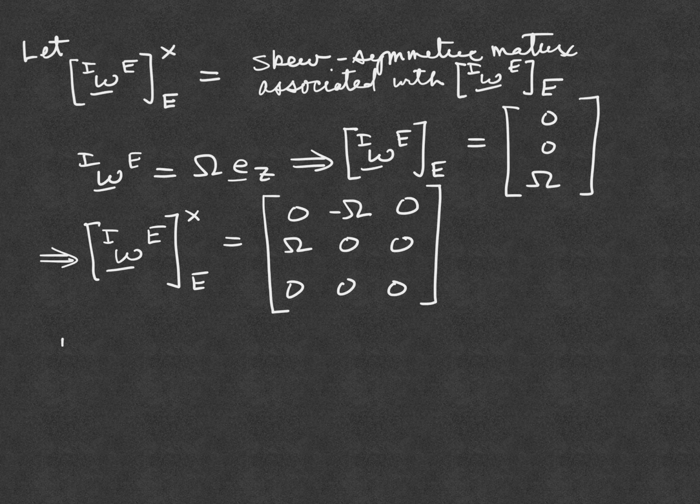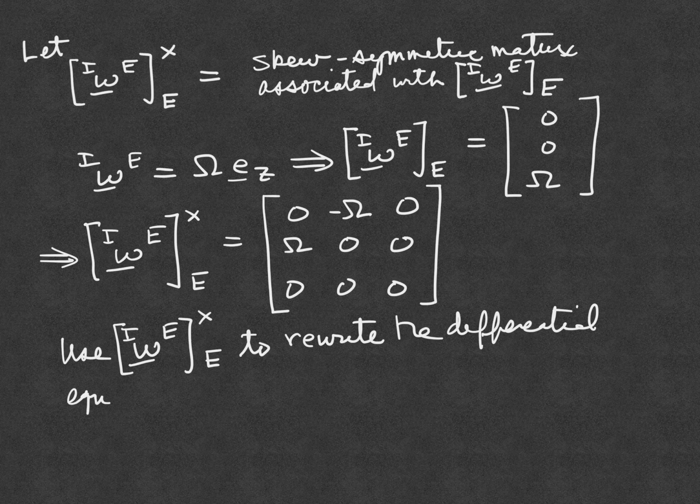So now we can use omega EI skew in E to rewrite the differential equations in a more compact form. So in particular, in order to do that, we're going to use the following substitutions.